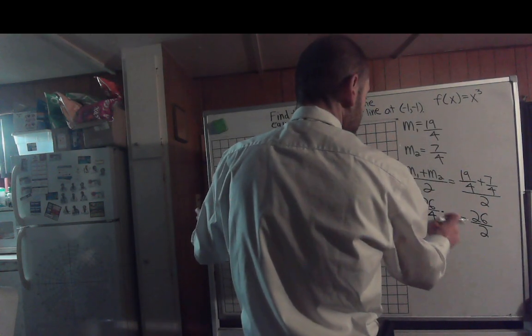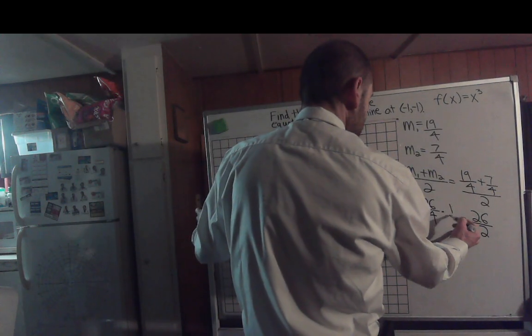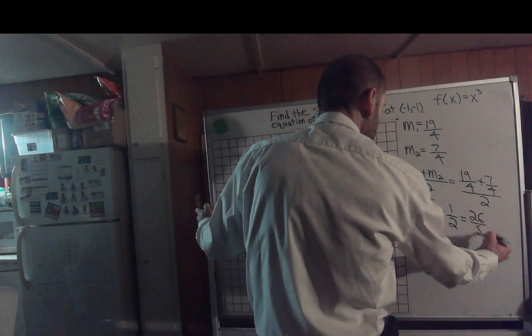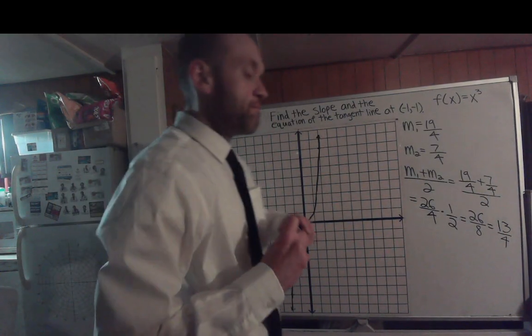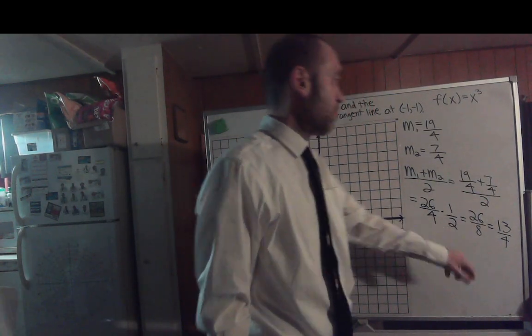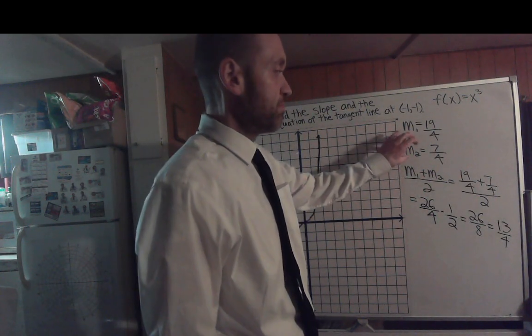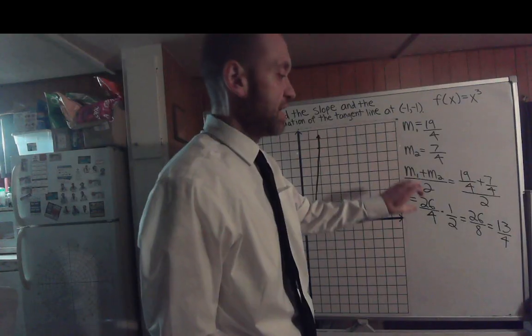No, I'm sorry, wait a second. I multiplied wrong. Divided by 2, that's the same as 26 fourths times 1/2. That would give me 26/8, which would give me 13/4. Okay. So I had 5/3 before when I took the slope of the average of the secant lines.